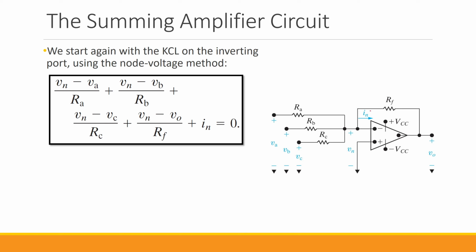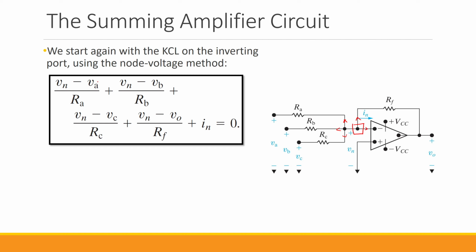As I said, we start from the KCL on the inverting terminal of the op-amp, and we write down the equations for the currents that are leaving this node. We have this current, this one, this one, this one, and then this one. This is Vn minus Va over Ra.